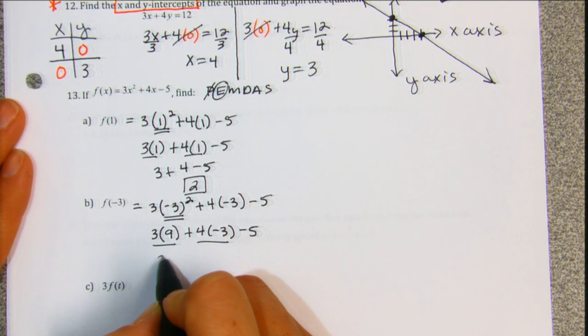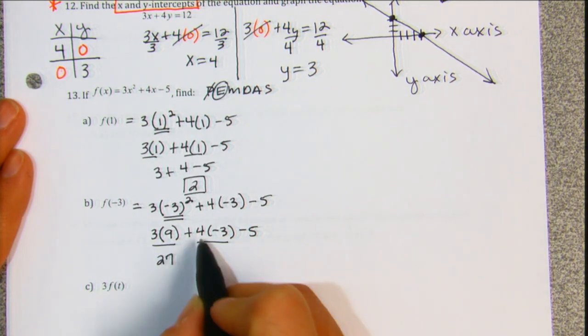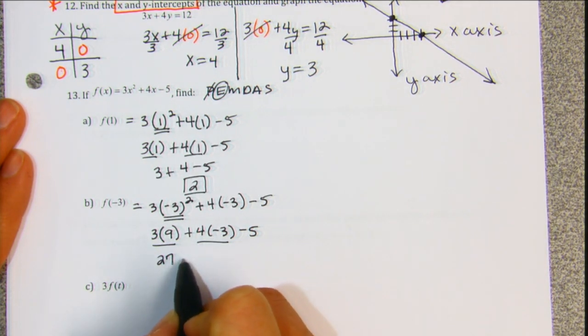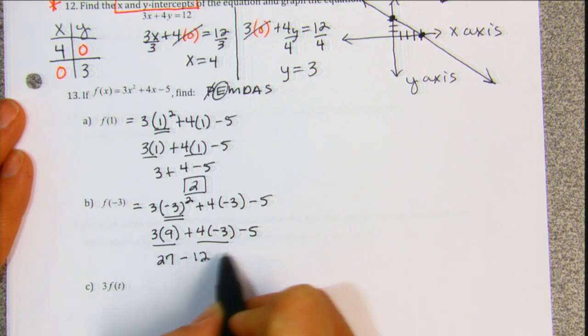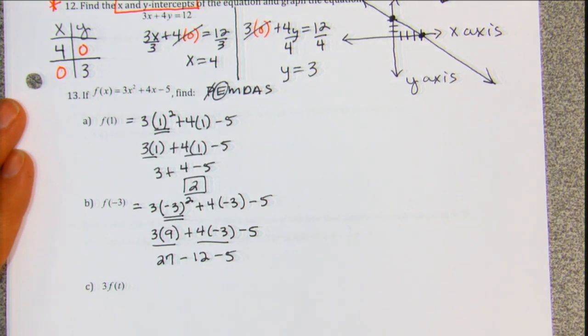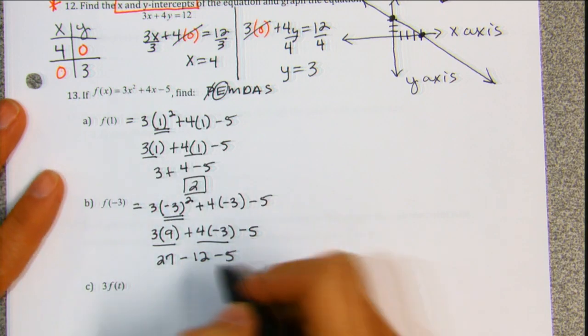So 3 times 9 is 27. 4 times a negative 3 is a negative 12, minus 5. So 27 minus 12 is 15, minus 5 is 10.